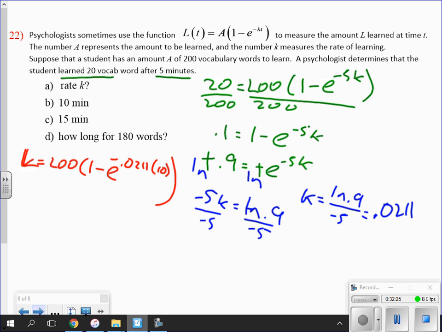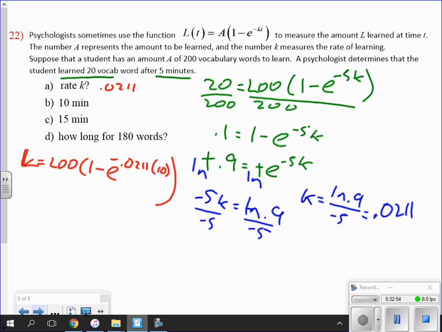The next one, part B, is easy. You know what your rate K is now. We just solved for K. K was 0.0211. Plug that into the original equation along with the 200 for A, and plug in 10 for time, and you just work it out in your calculator. Do the e to this power first. Do you know where the e button is on your calculator?